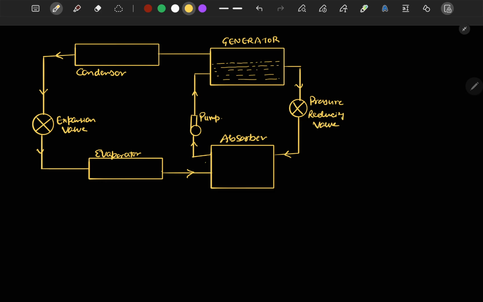Okay, now one more thing, let me draw it whole. Now this condenser is cooled using, let's say, cooling water.